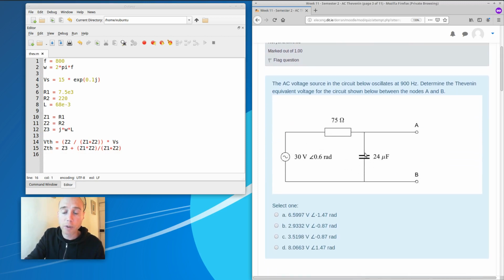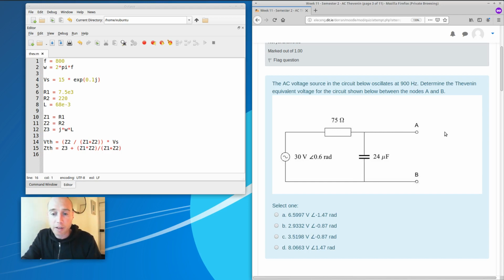So this one is quite a simple looking circuit, but it does contain both a resistor and a capacitor. So we still have a voltage source here, and again you're asked for the Thevenin equivalent voltage, and the frequency of operation of the circuit is 900 Hertz. For this circuit, there isn't really much to explain here.